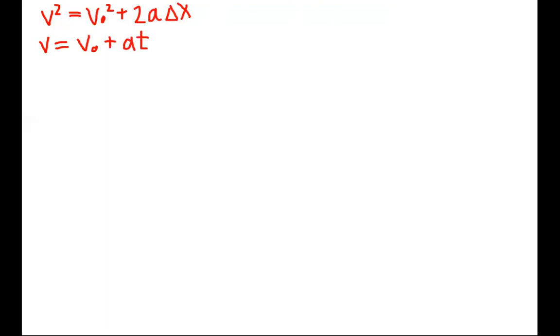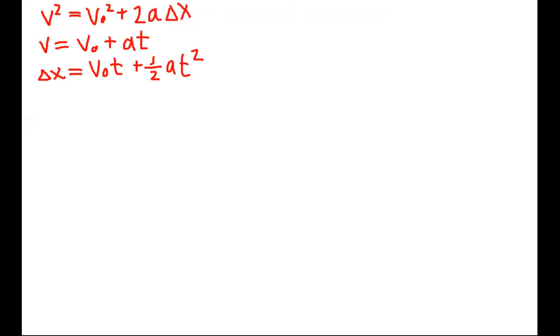And lastly, of the 3 equations that are most used, we have delta x is equal to v initial times t plus 1/2 a t squared. So those would be the 3 most common kinematics equations.